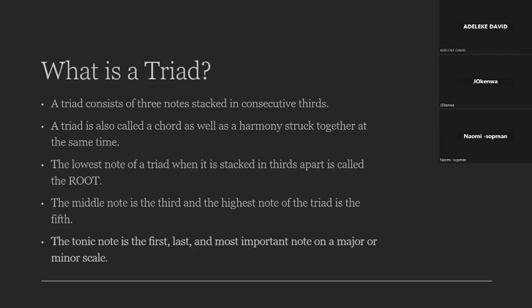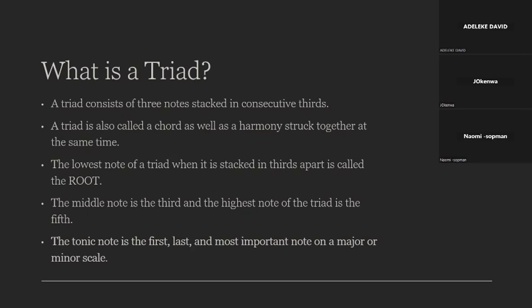The tonic note is the first note or the last note of a scale. Okay. Yes, if I have a C major, what is the tonic note of C major? Naomi, sorry, what did you say?